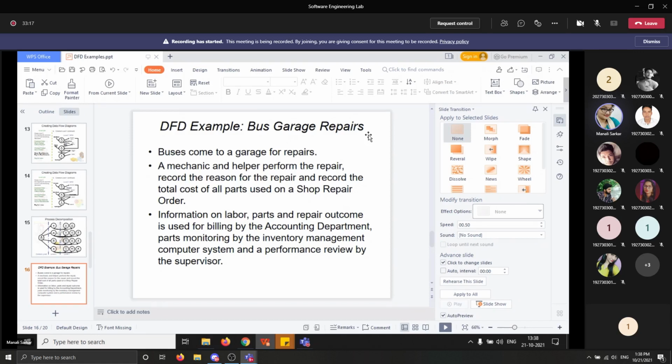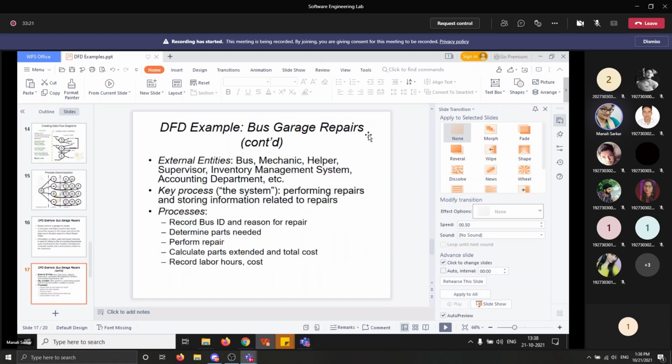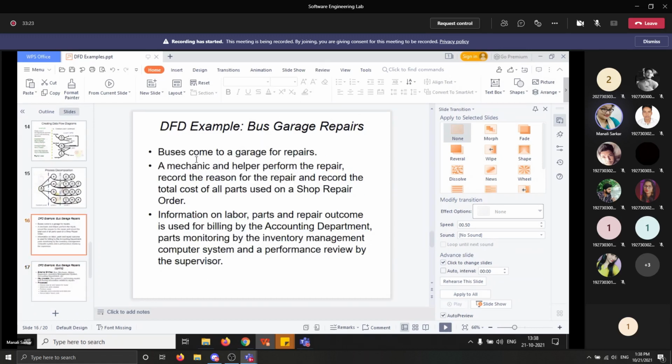You need to remember, this is the question, and in this question you have been given everything. You need to identify the entities, that is here the mechanic, the repair, the bus, and you need to identify also the processes and everything else. After that you need to construct that DFD. This is your homework.